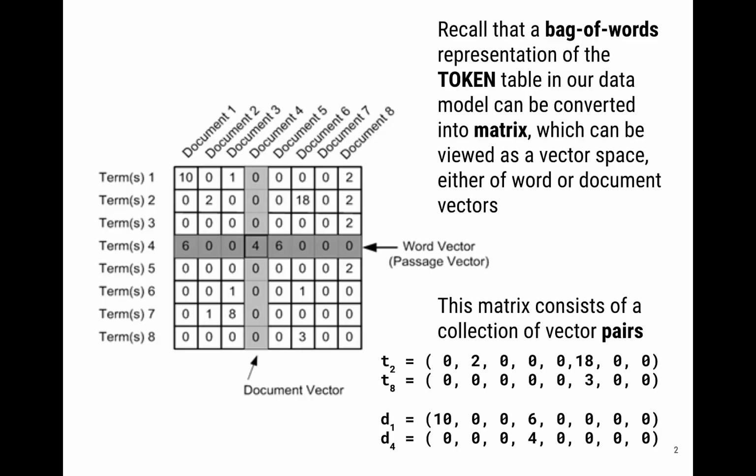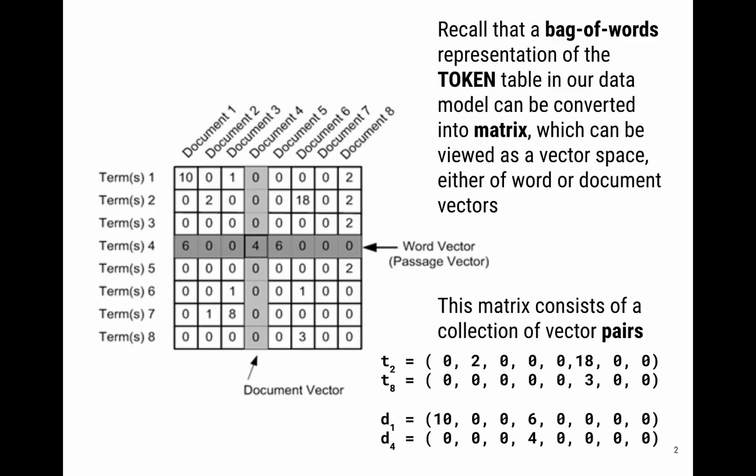Now, the thing to realize is that this matrix consists of a whole bunch of pairs of vectors. So along either axis, either the terms axis or the document axis, we can compare any two vectors to each other and come up with a mathematical understanding of their similarity.